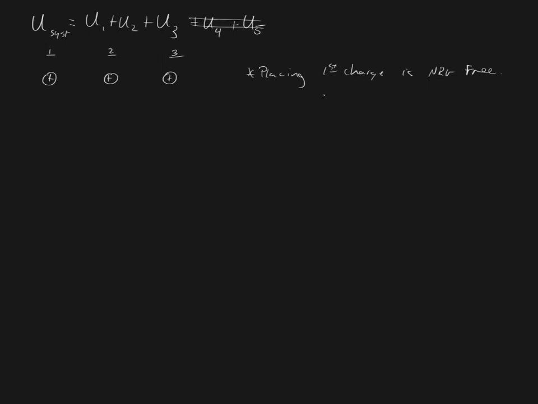The reason that there is no energy involved in placing the first charge is because there are no electric forces acting on that charge. And if there's no electric forces acting on the charge, then there's no electric potential energy as a result. Now, the second charge has an interaction due to the first charge only.